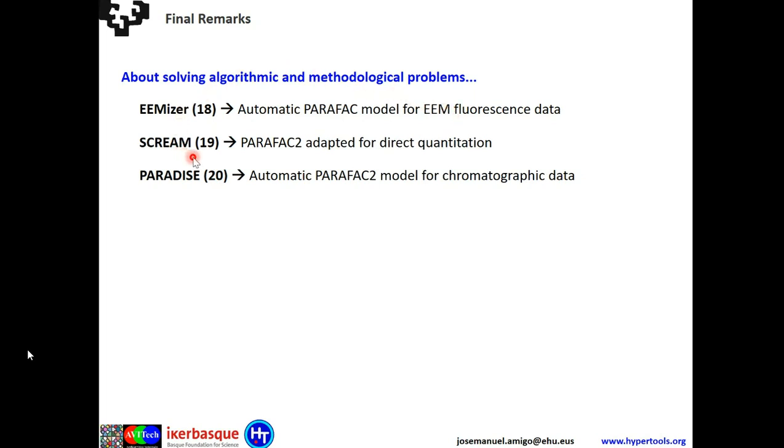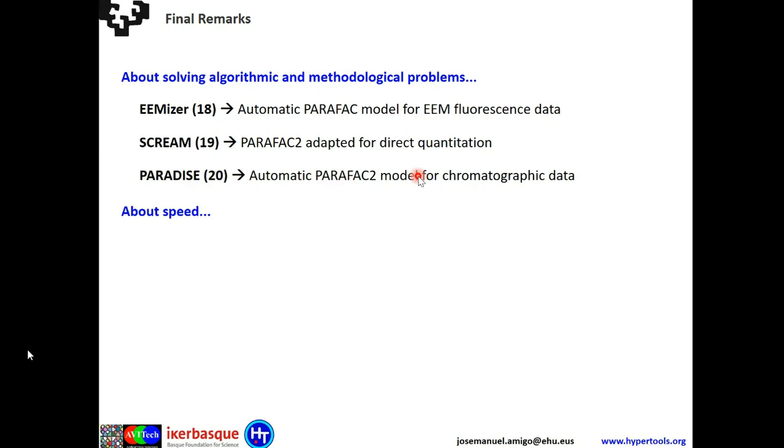SCREAM, published by Rasmus and Federico Marini, probably you all know him, that is PARAFAC2 for quantification. And PARADISE, on which I was lucky to work a little bit, a fully automatic PARAFAC2 solver for chromatographic data, mostly GC-MS.